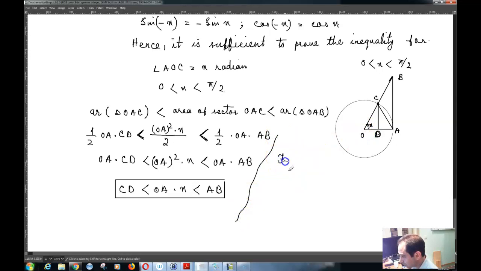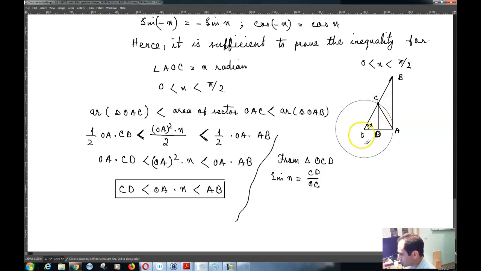From this triangle OCD, the sine of this angle, sine X, is basically equal to CD divided by OC, because the sine of an angle is opposite by hypotenuse.